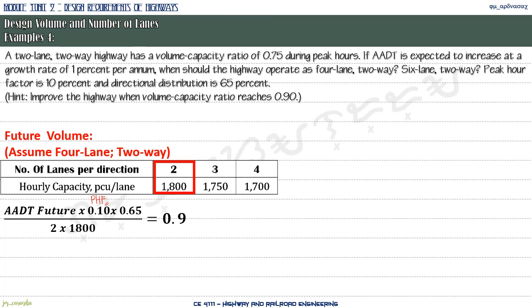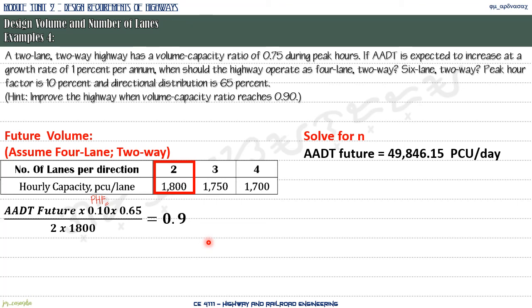And we want now to assume that for a 4-lane, when we improve now, that 4-lane two-way highway will experience a 0.9 capacity, which means we are at LOS E. So, okay. So with that, we now compute for AADT for the future, which is equal to 49,846.15 PCU per day.